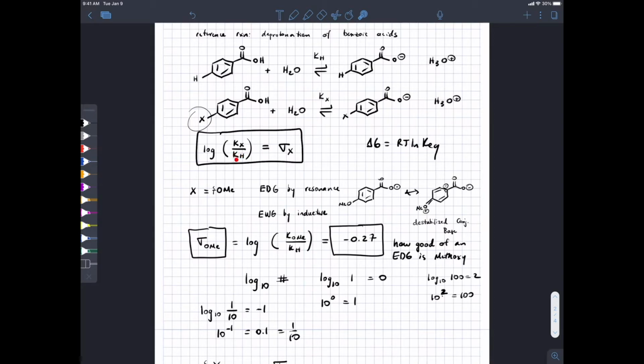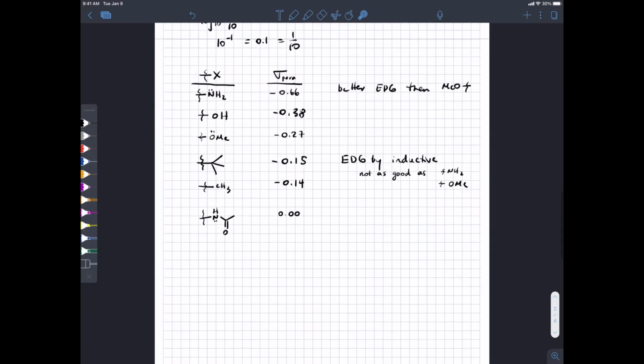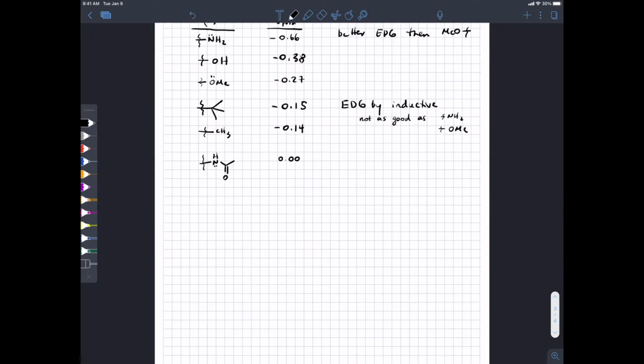Bigger at least than the hydrogen, which is sort of our neutral point. So an example would be nitro. So why would you expect nitro to do anything? Well, just as with the methoxy group, you can draw a resonance structure for nitro where you pull electron density out of the ring. So, with methoxy where you put electron density in the ring.